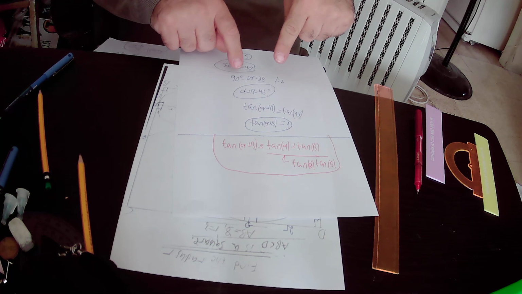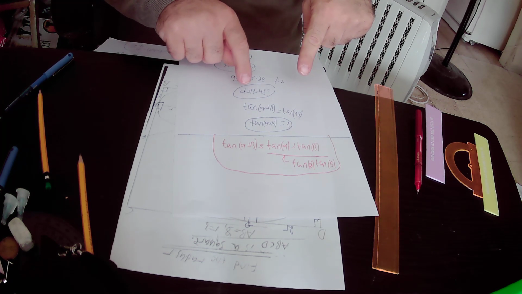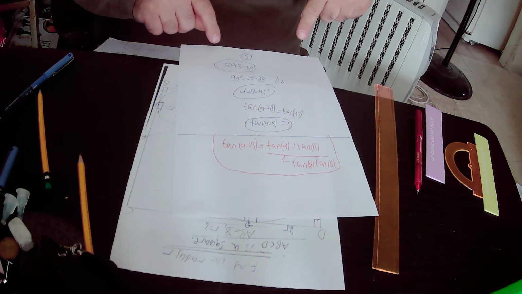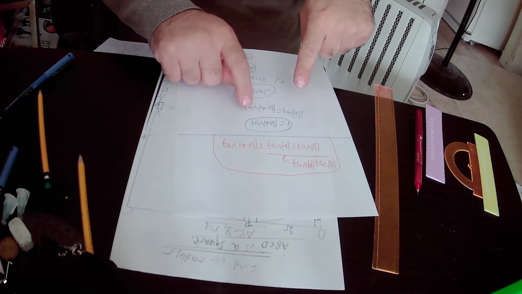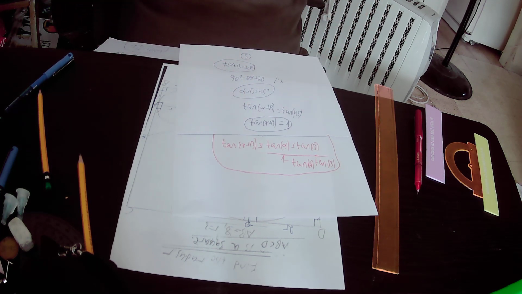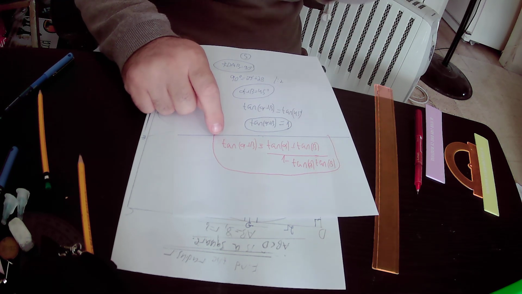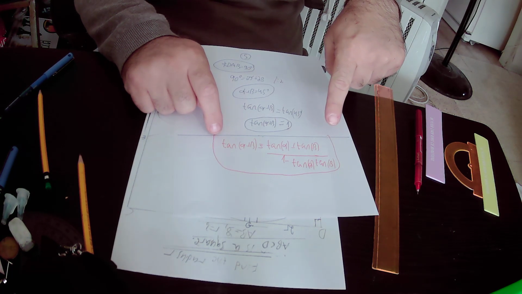If alpha plus beta equals 45 degrees, then tangent of alpha plus beta will be equal to tangent of 45 degrees. Tangent 45 degrees is 1. So we got that tangent of alpha plus beta equals 1, and we have a trigonometric identity for the tangent of alpha plus beta: tangent of alpha plus beta equals tangent alpha plus tangent beta over 1 minus tangent alpha times tangent beta.